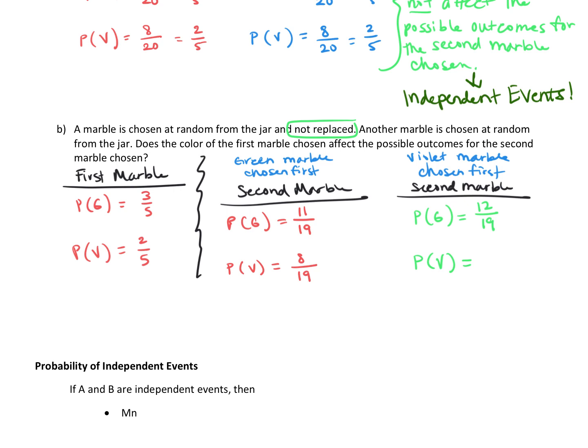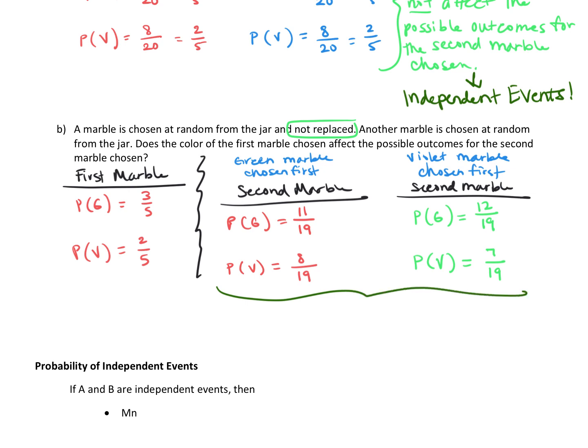We chose a violet marble first and kept it, which means that there are 7 violet marbles left in the jar and only 19 total marbles. All right, so what we're noticing is, did our probabilities change? Did what we did with the first marble have any impact on the second one? And yeah, sure did.